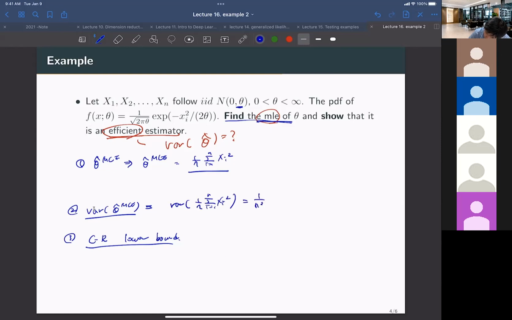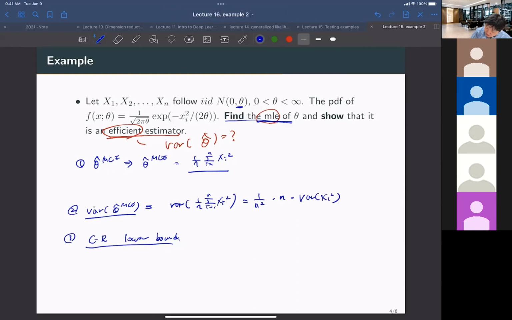So 1 over n squared, and xi's are IID, so the variance of the summation is n times the variance of x1 squared.